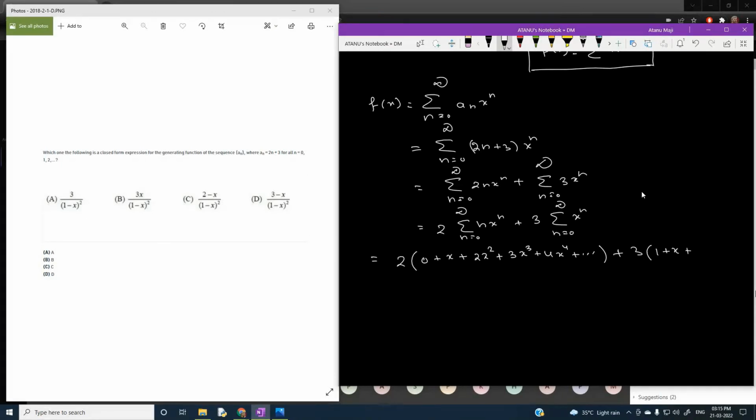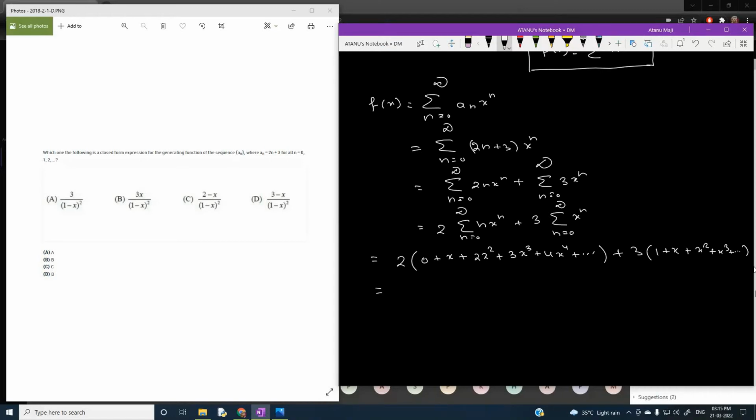When n is 2, that should be x square. Similarly x cube, up to x to the power infinity. This kind of thing we are getting. Got it? Now here we are getting one expression like this: x plus 2x square plus 3x cube plus 4x to the power 4.